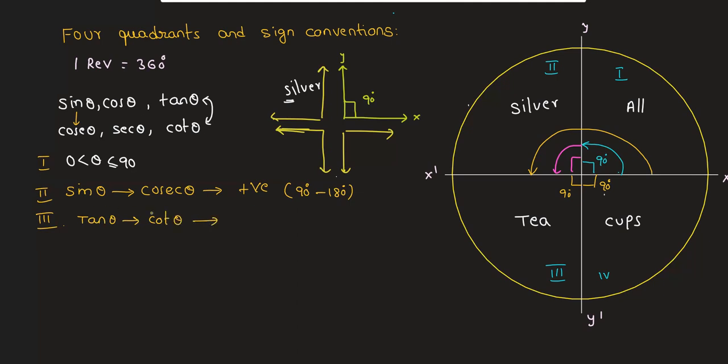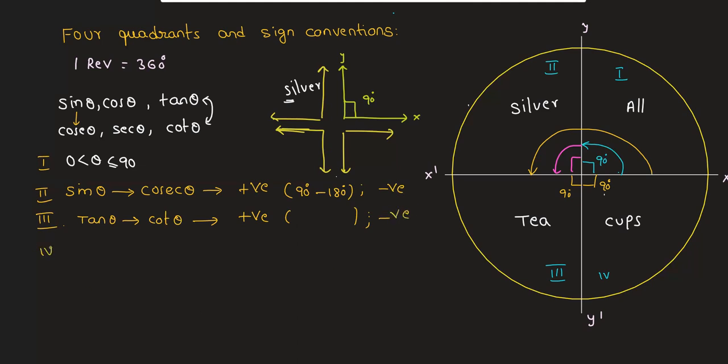Those tan theta and cot theta values are going to be positive in the third quadrant. The remaining ratios of trigonometry have negative values. That we have to remember.